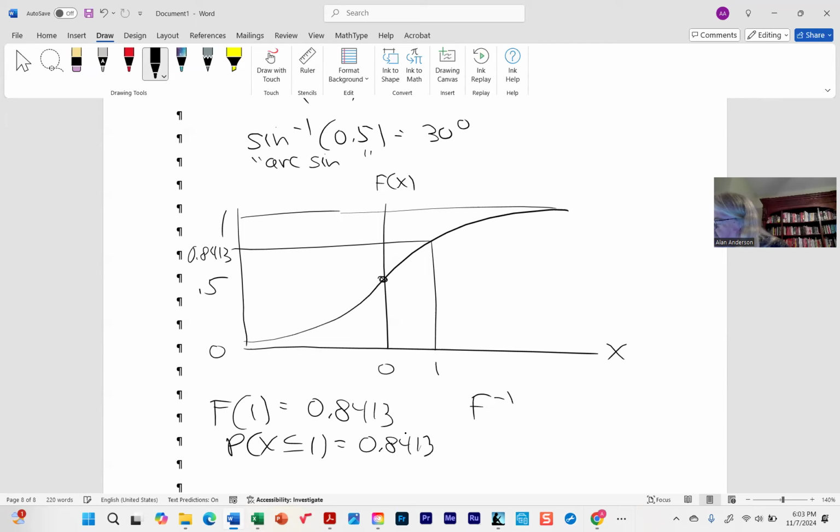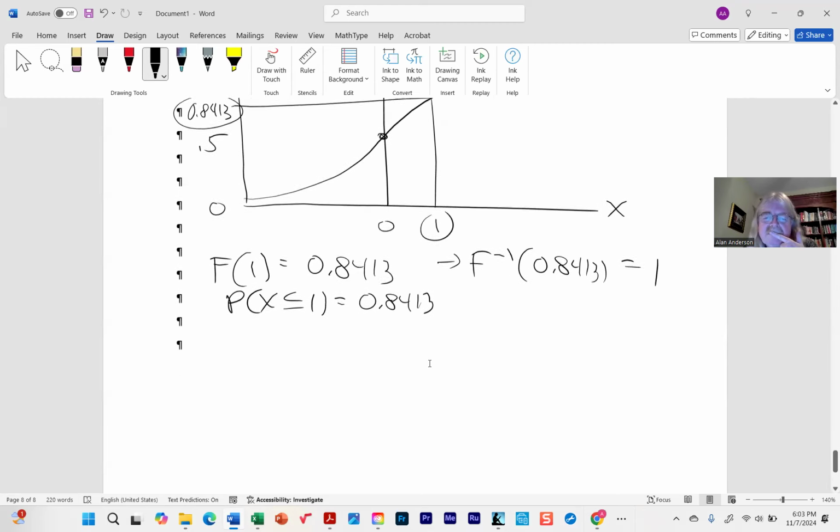This implies that F inverse of 0.8413 is 1. So in the first case, I have an x of 1, and I'm associated with 0.8413. I reverse it, and it becomes 1. This one is telling me that given a probability of 0.8413, what value of x does this represent? And that would be the 1.